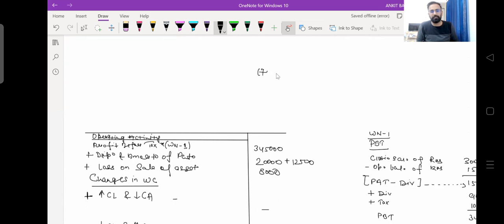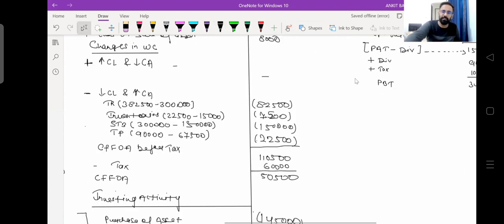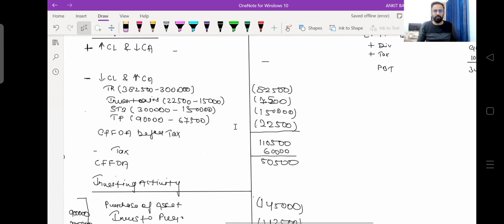The opening balance is 75,000 and the current balance is 62,500, so the company has written off their intangible assets. Instead of adjusting all the values here, I will add 12,500. So 50,500 plus 12,500, here the value is 63,000.